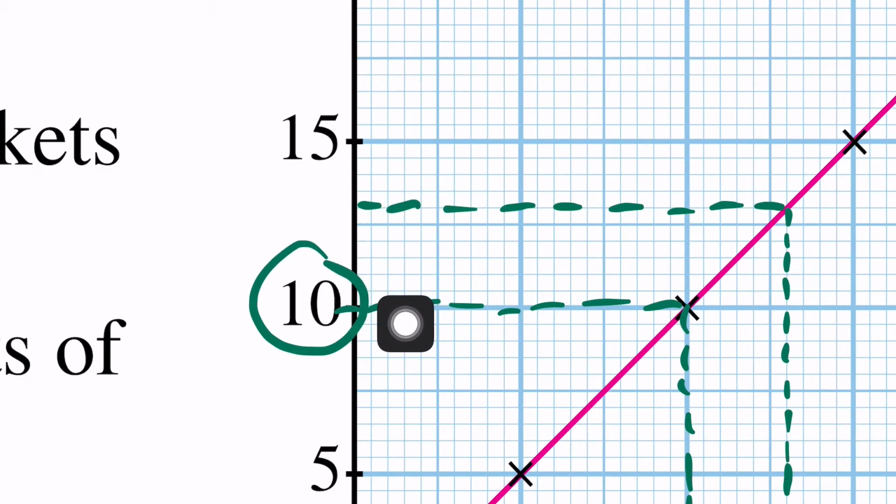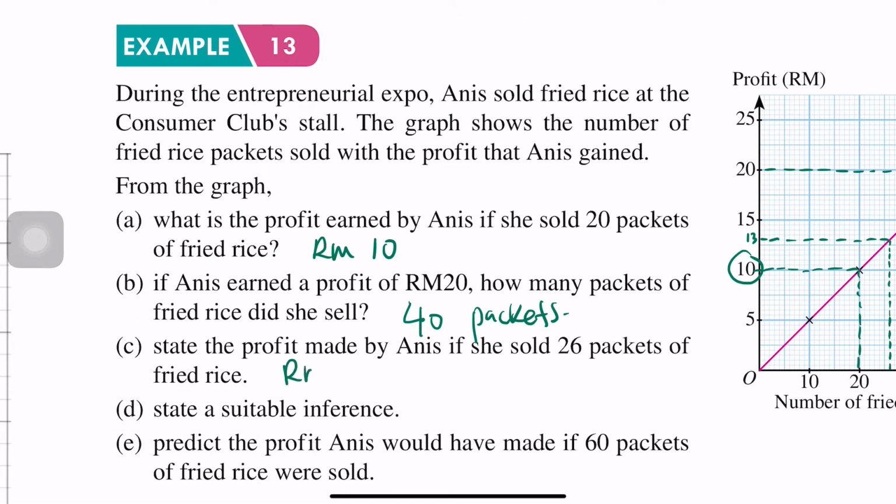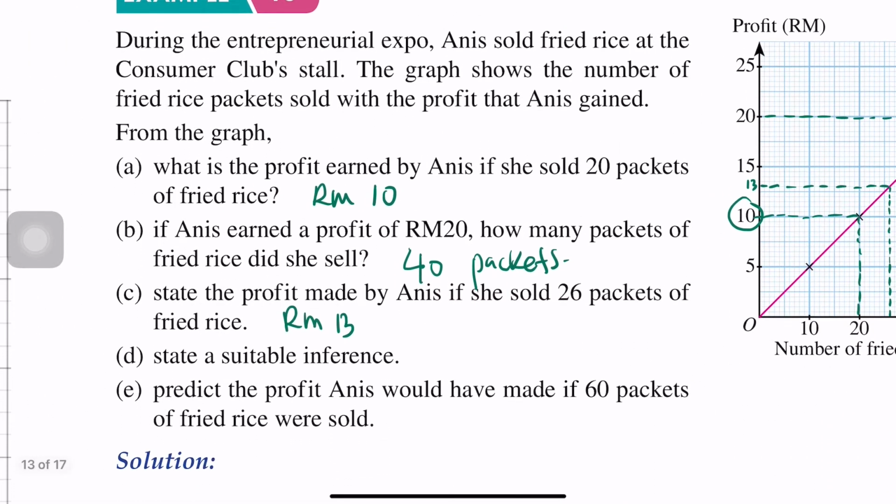So it means each two rows is 1 unit. So 10, 11, 12, 13, 14, 15. So correct. 10, 2 boxes, 11, 2 boxes, 12, 2 boxes, 13. So over here is 13 ringgit. Okay, so RM13 profit.